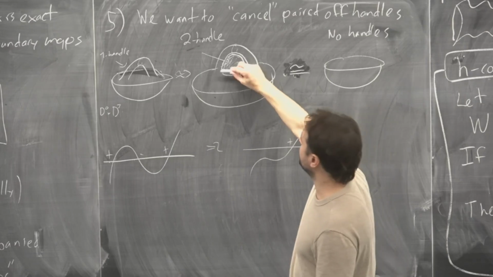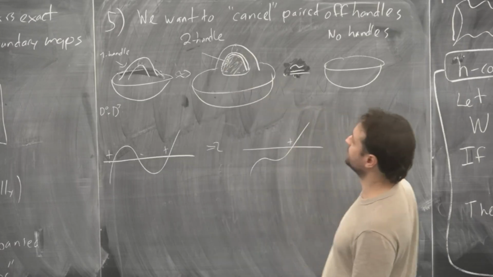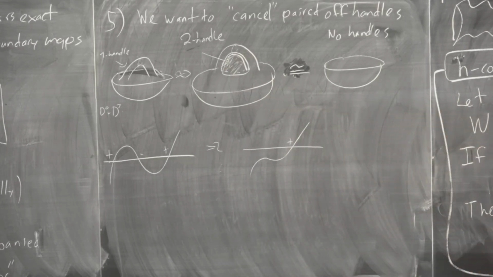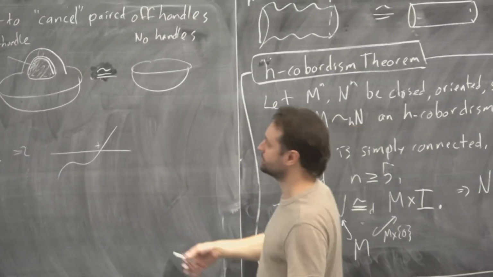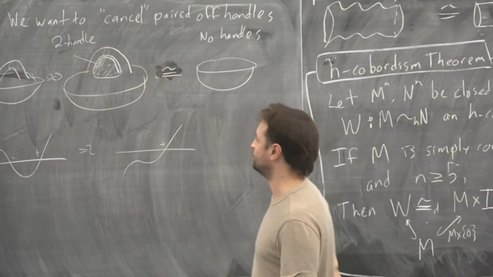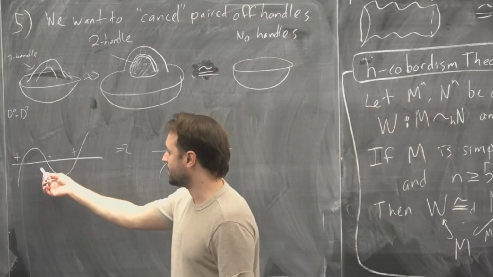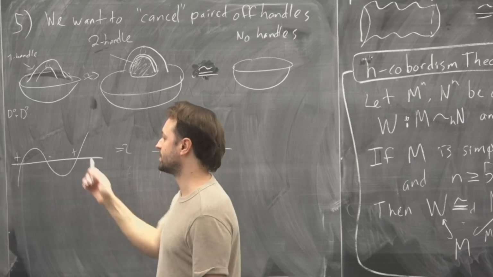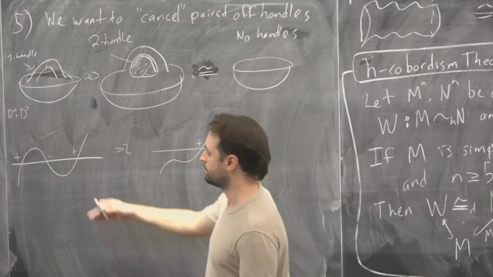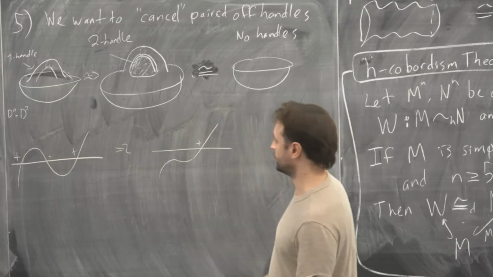As long as we only cross this belt sphere exactly one time and we don't interact with any other handles, that's actually a sufficient criterion for being able to cancel those two handles out. So in this picture, it's not clear whether we can or not because it intersects three times. But by some geometric argument, we can actually separate them so that it does.